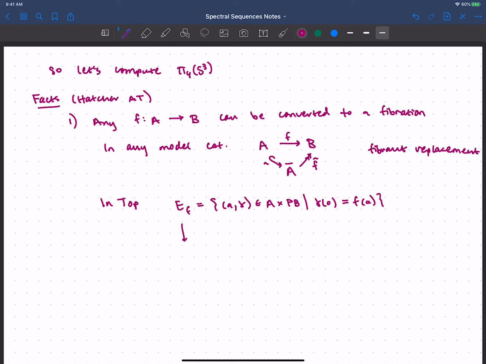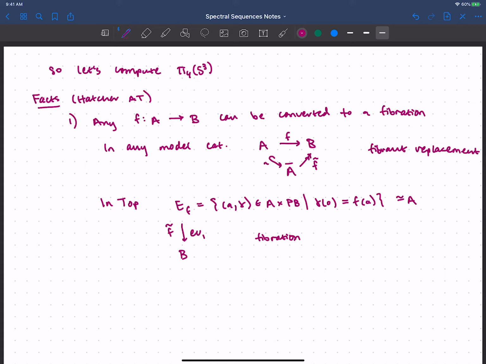Then there's a map to B. This is what I'll call my f tilde, and this is going to be my fibration. That map is just evaluate at 1. But of course, these paths are contractible, so this total space is homotopy equivalent to A. So we've done a fattening up of A, this fibrant replacement, and now we have a fibration.